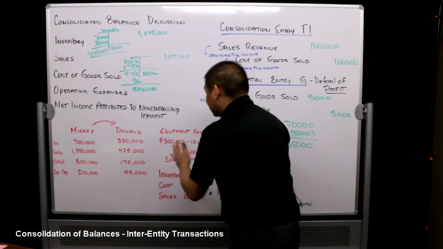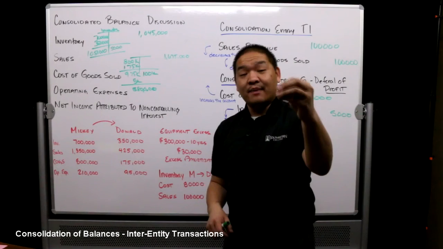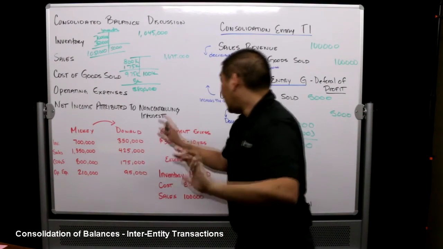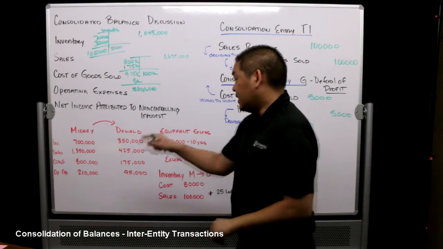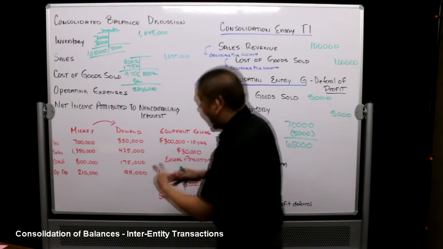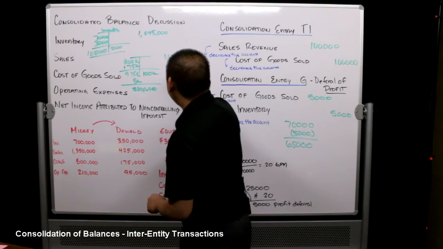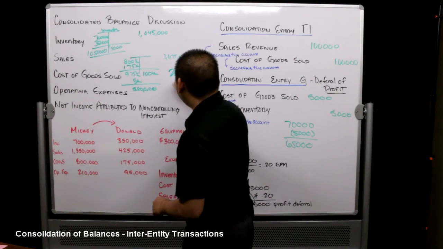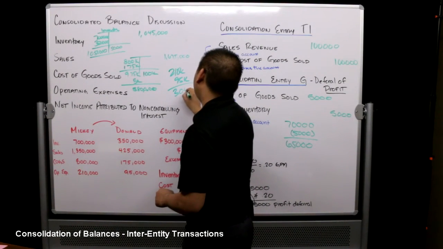We have simply excess amortization on the markup or the step up basis of Donald's assets or equipment from when Mickey bought Donald. Okay, so first of all, again, same thing. We add up our operating expenses together. So I have 210 plus 95 gets me 305.